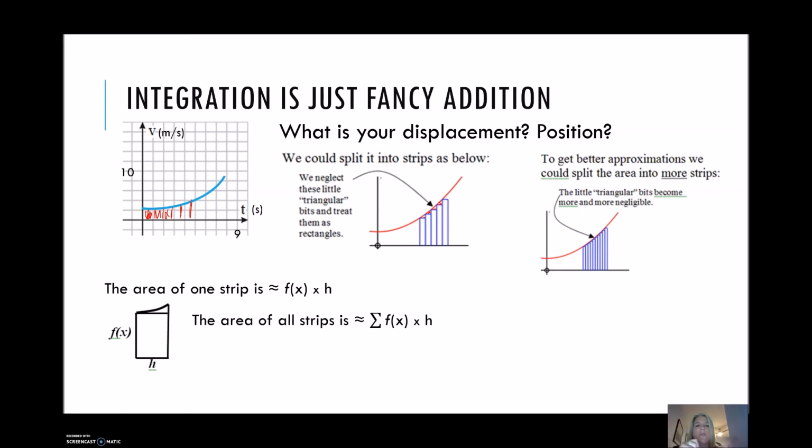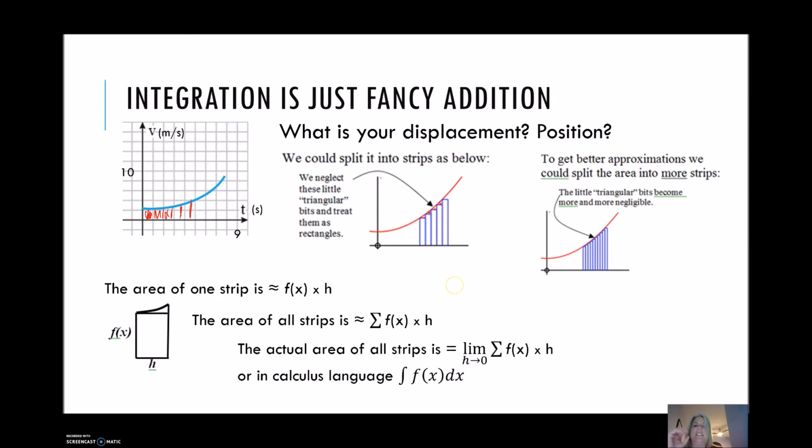And if we made those rectangles teeny tiny, then the actual area of all the strips, we would say, as the limit of h, which is our base, approaches 0, and we add up all those rectangles, then we'd have teeny tiny, tiny, tiny rectangles. That would give us the actual area.